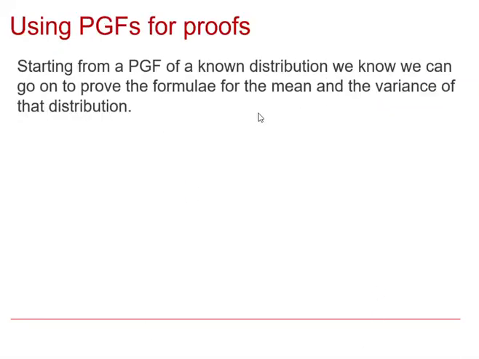So something else that you are required to be able to do is to use a probability generating function for a known distribution so that you can obtain the mean and the variance of that distribution, and we're going to look at an example using the Poisson distribution.